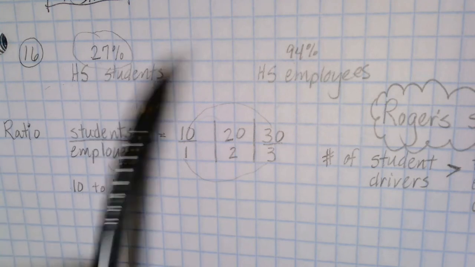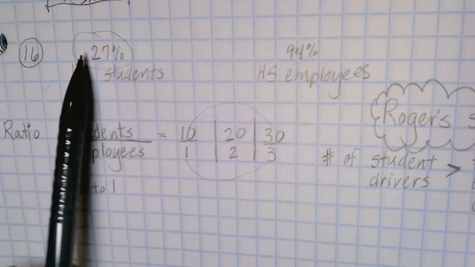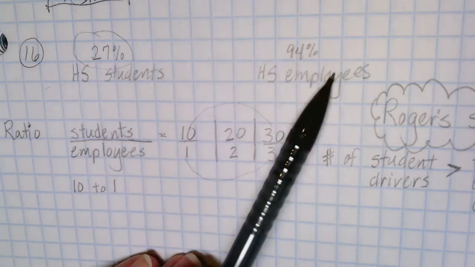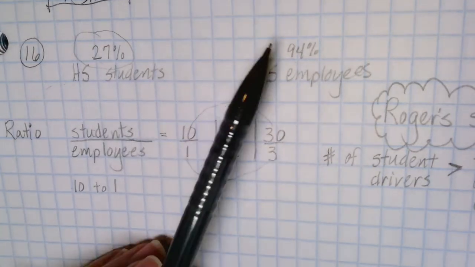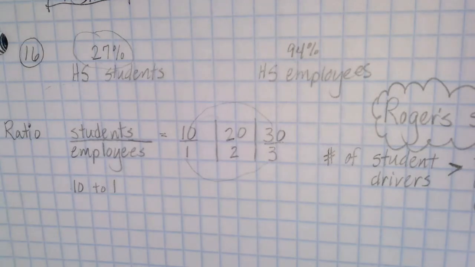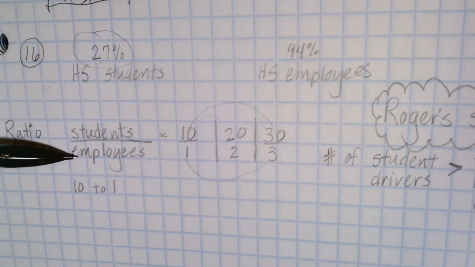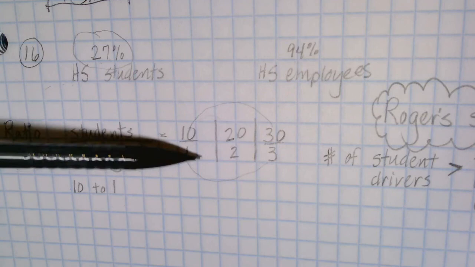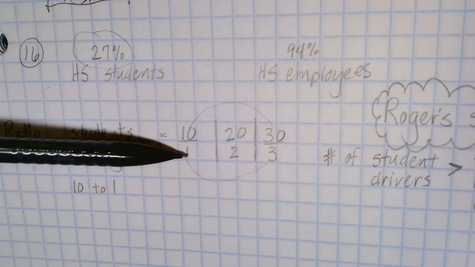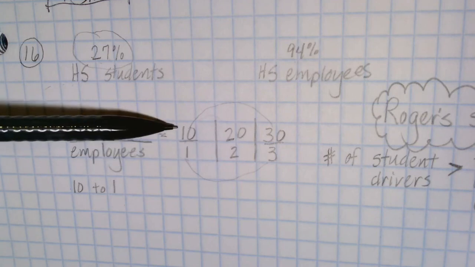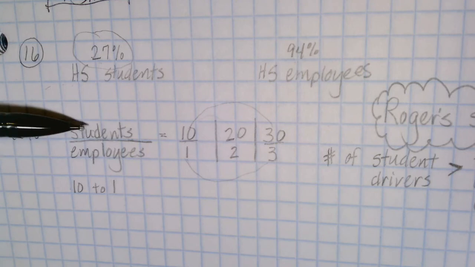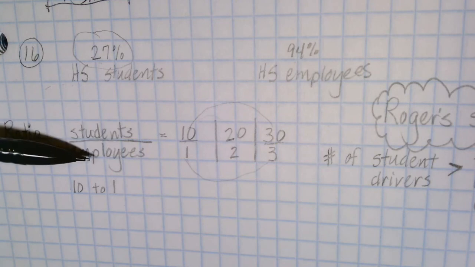So one might think, well, Roger's statement can't be correct because 27% is less than 94%. But this part, this ratio, shows us that there is a ratio of 10 to 1 for students to employees.